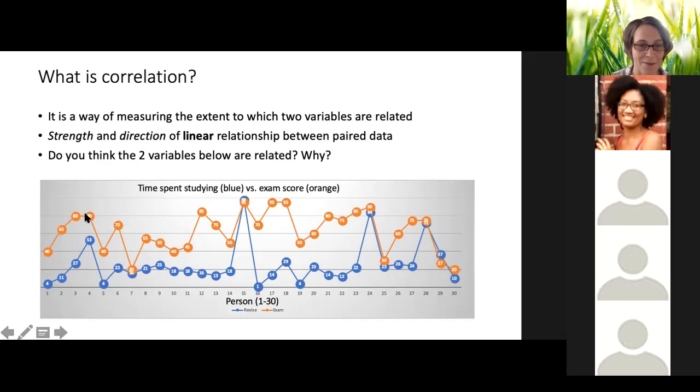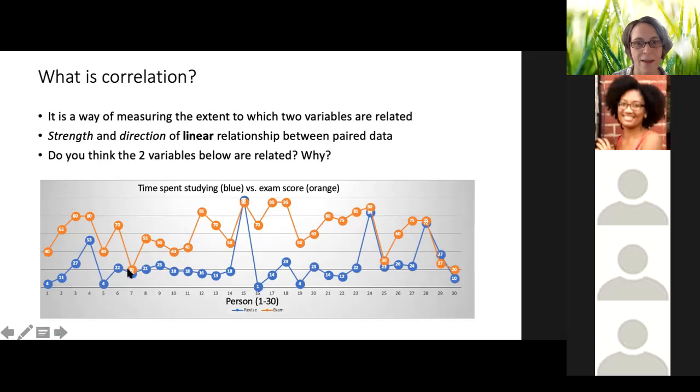If I phrase it differently, if a participant has a relatively high exam score, they also tend to have a relatively high study time.